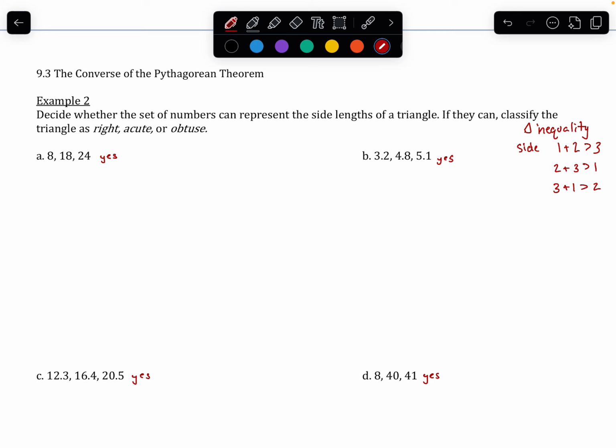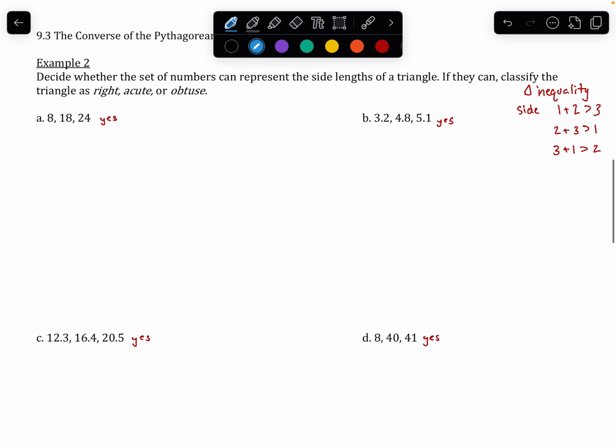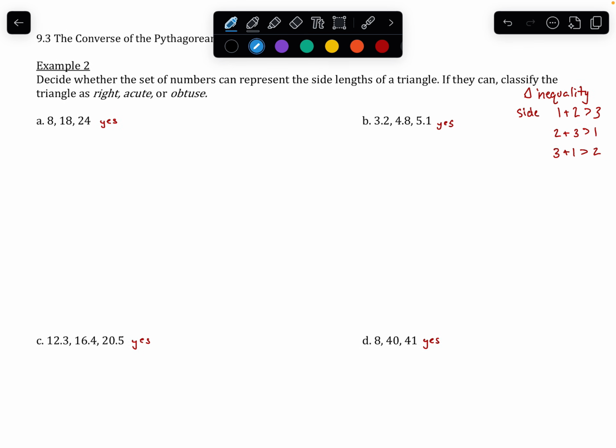So let's go to problem A. Again, we have to determine if they're right, acute, or obtuse. To do that, I'm going to set up my c squared. I'm going to put a line here because I don't know if it's less than, greater than, or equal to a squared plus b squared.